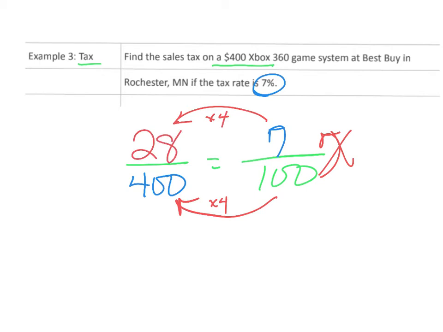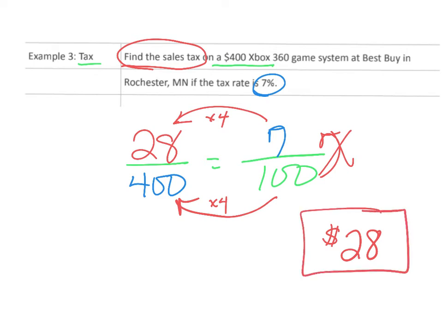But the question is, is this our answer? And yes, it is, because it says find the sales tax. That's what they want you to find. So the sales tax on a $400 Xbox 360 game system is $28.